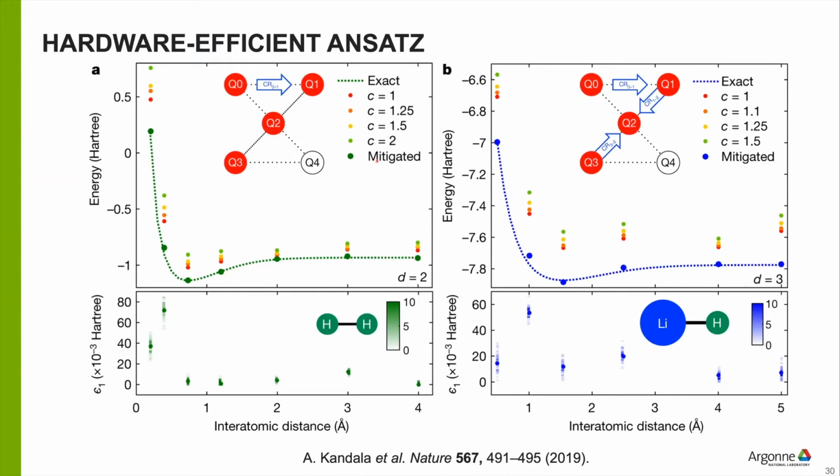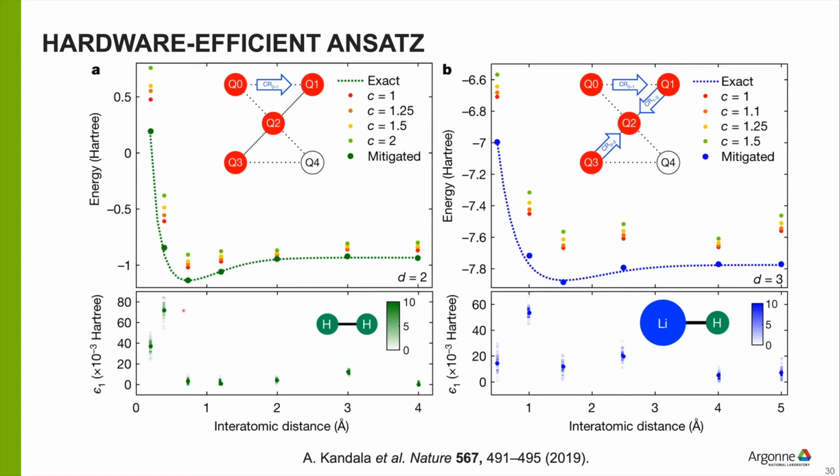And here the green is the mitigated, which means that they used some error mitigation strategies to improve the accuracy. And you can see that without it, they are quite far from the real solution.